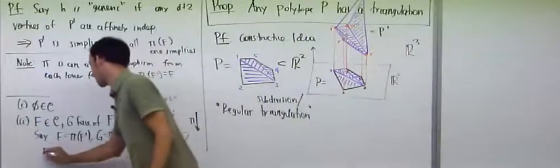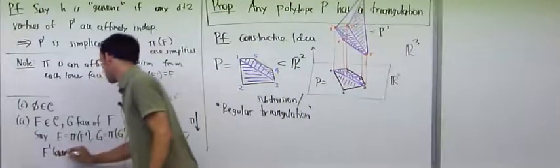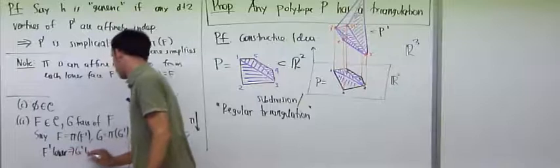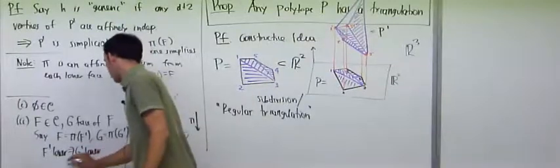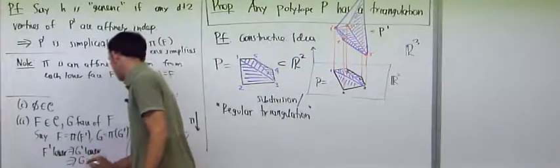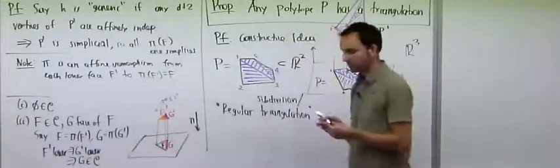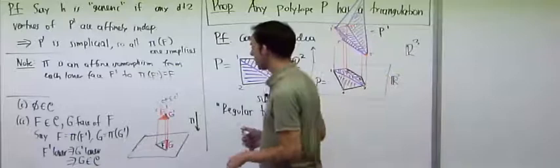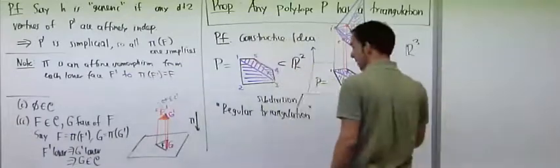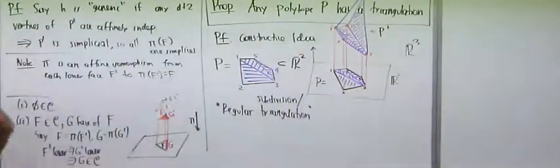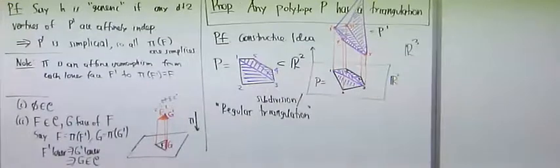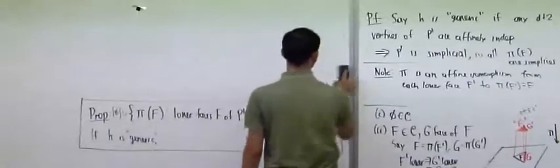So F prime is lower, implies that G prime is lower, and therefore that G is really in the complex. It's really a projection of a lower face. Okay? So the second condition of being a subdivision holds.